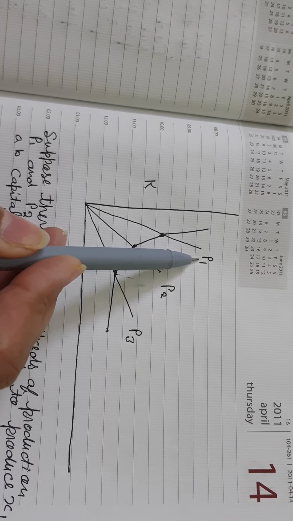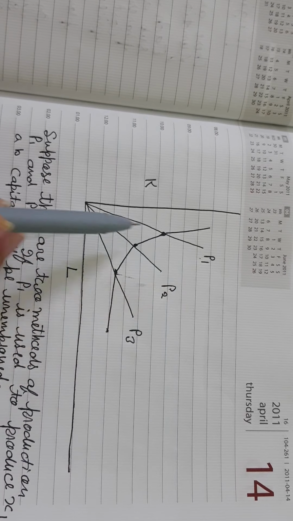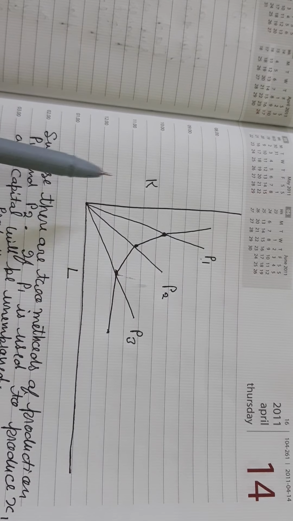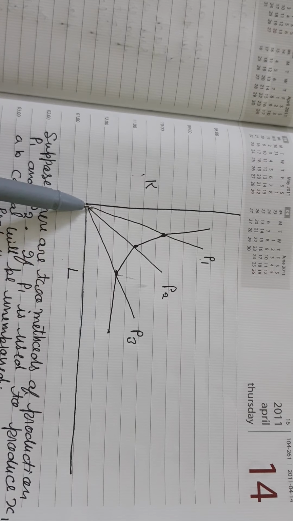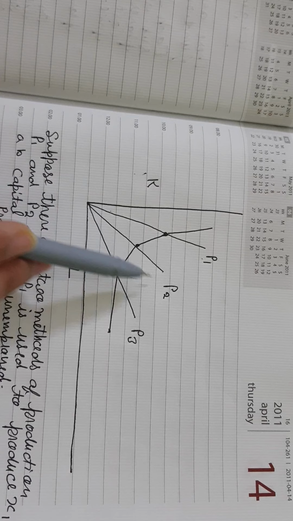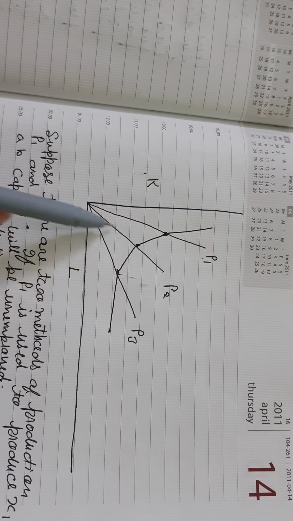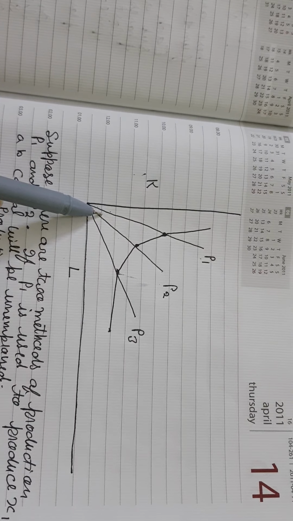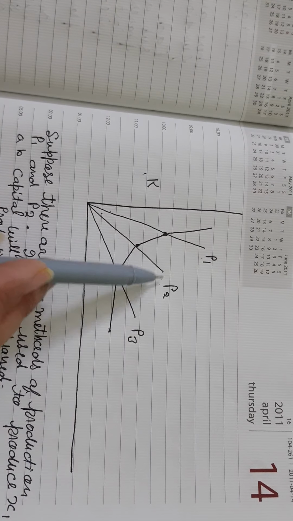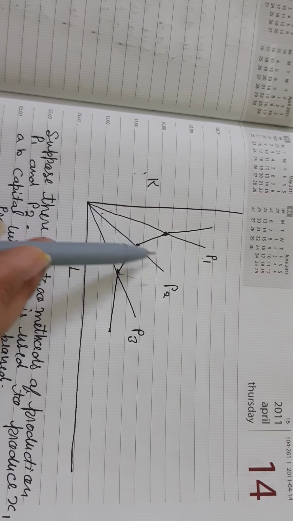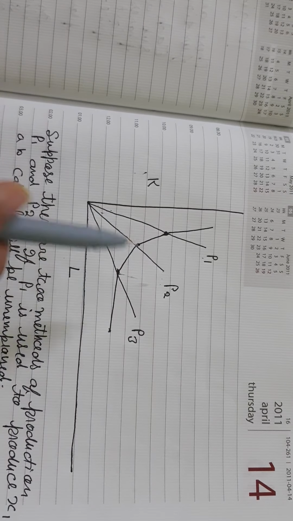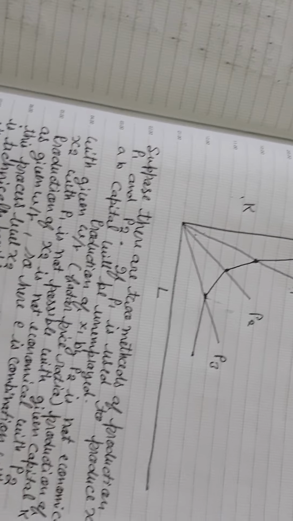On the P1 method of production, you can see on this straight line, the capital labor ratio is the same for one method. Then for another method, again the capital labor ratio is constant. We can produce more on the same line, so we are using the same method. So every time we are using the same input ratio.